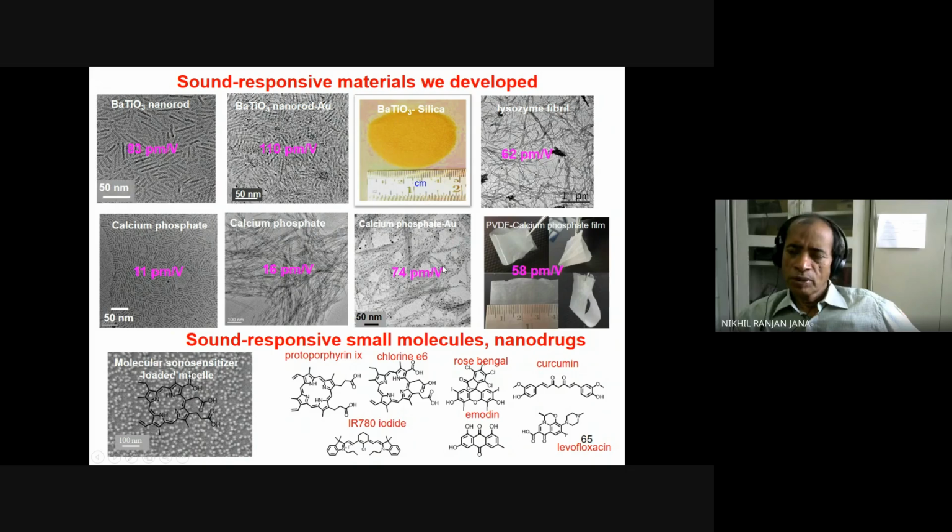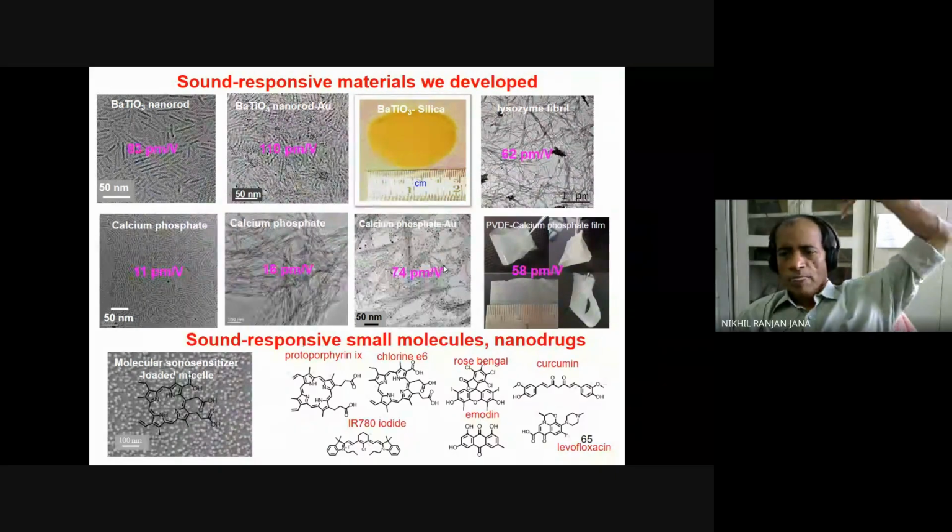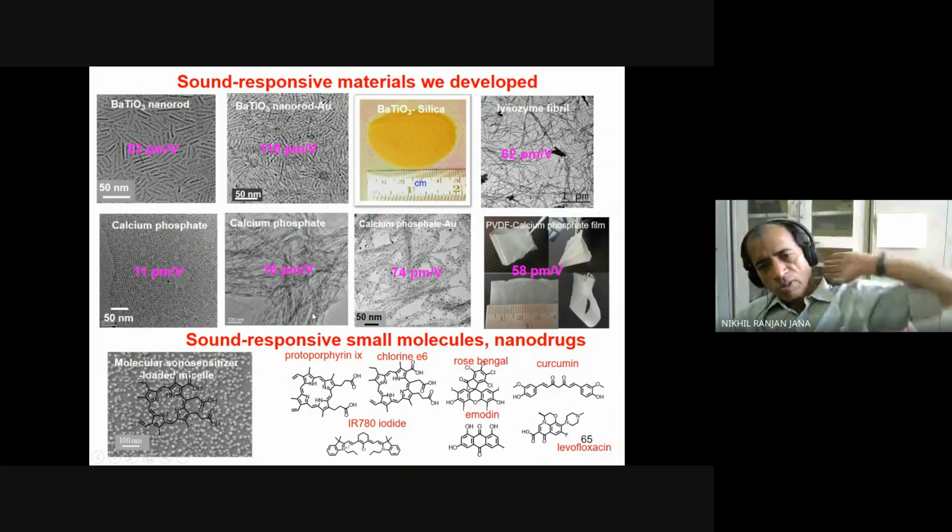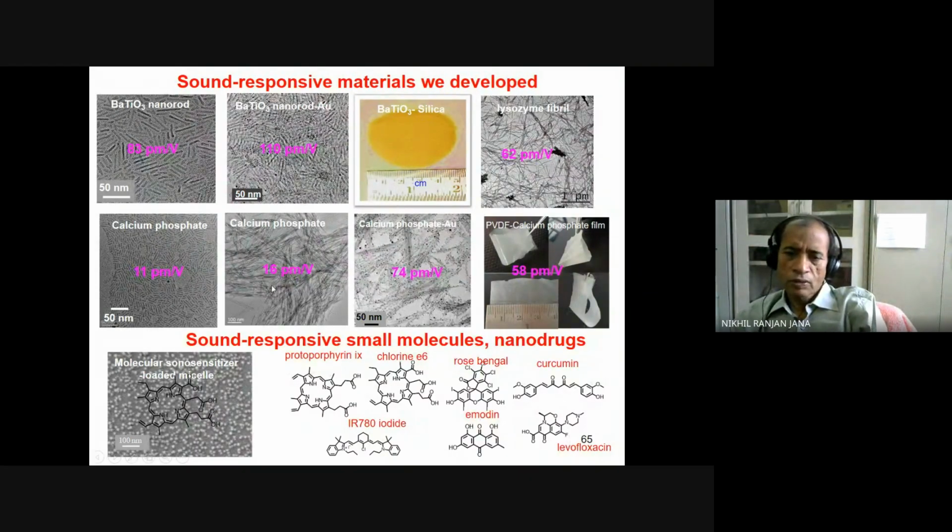More piezoelectric means they generate more charges. More charges mean more electrochemistry is possible at the surface. Electrochemical reactions, piezocatalysis. And we can also convert these particles into films, so that if cells are grown on those films, we can use sound-based therapy.